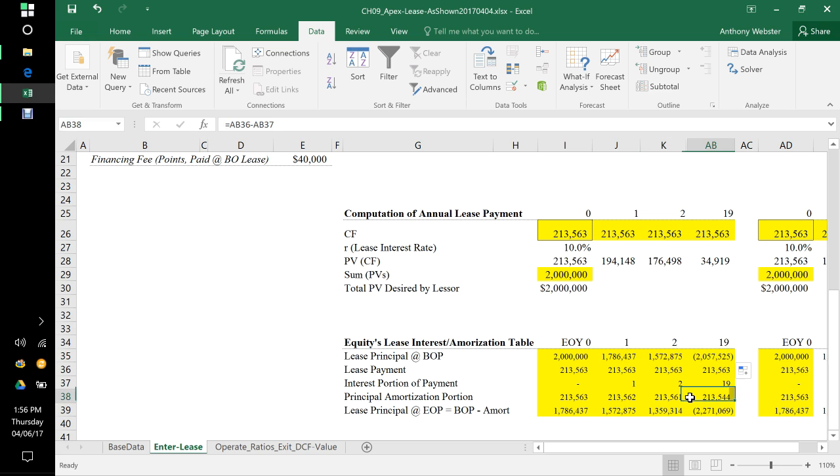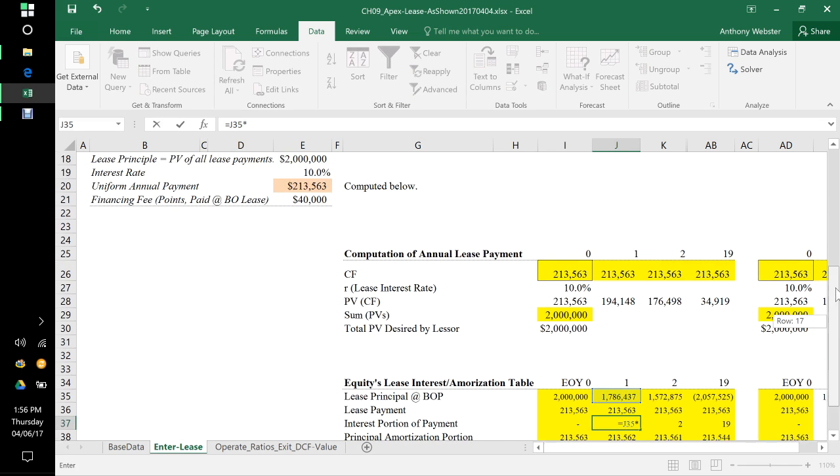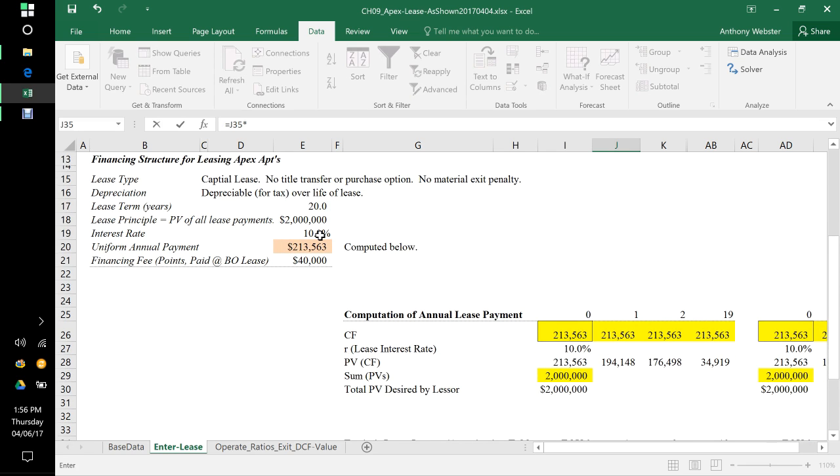And it does look like something is wrong here. And why is something wrong? That's because I need to compute what my interest portion of the payment is, which is going to be equal to the principal amount at the beginning of the period times the interest rate, which I can point to in a lot of places.